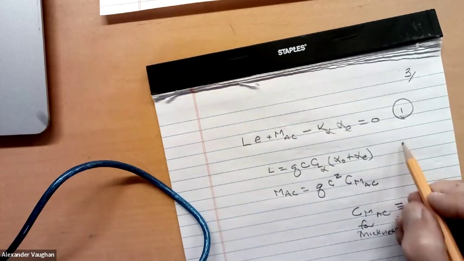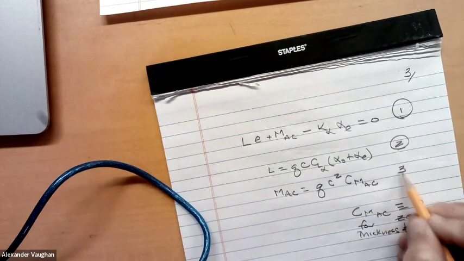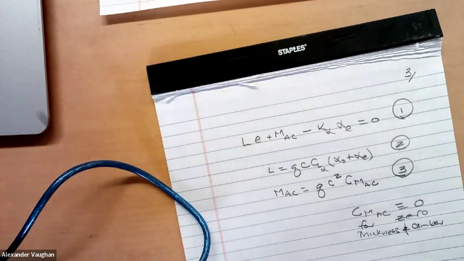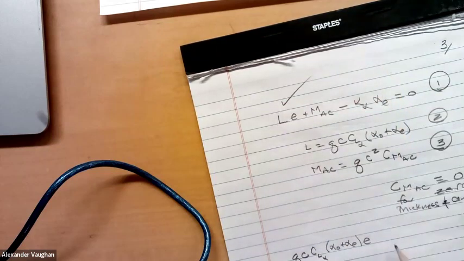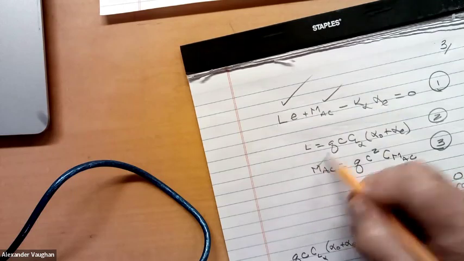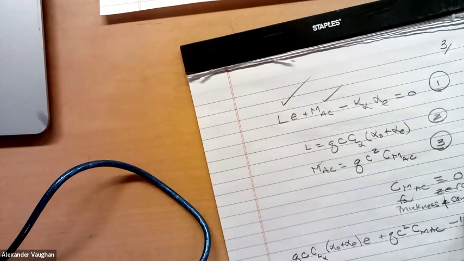Okay, so I'll call this equation 2, I'll call this equation 3. We're going to put 3 and 2 in 1 and see what we get. And here's what we get. We get Q C CL alpha times alpha naught plus alpha E times E, that's this term, plus Q C squared CMAC, that's this term using this expression, minus K alpha E equals 0.